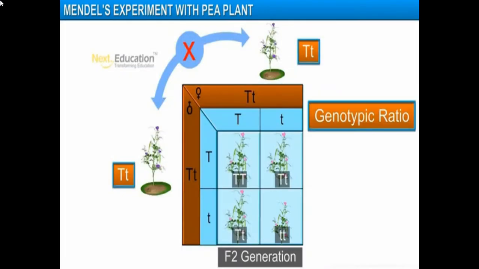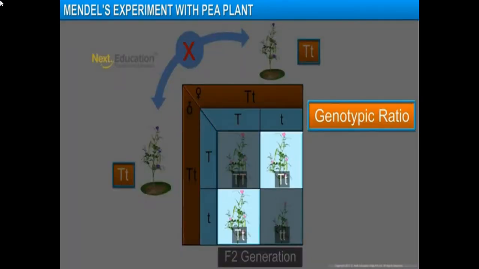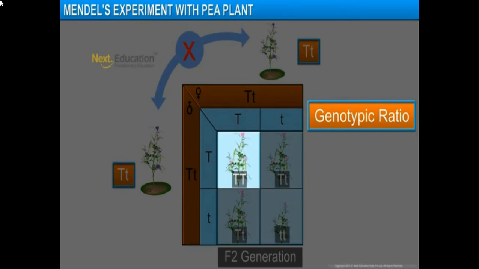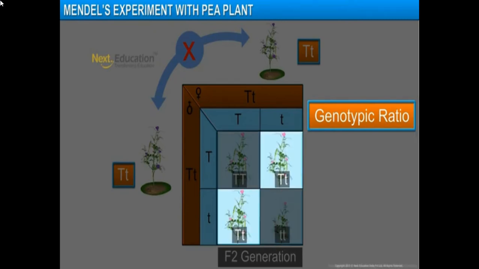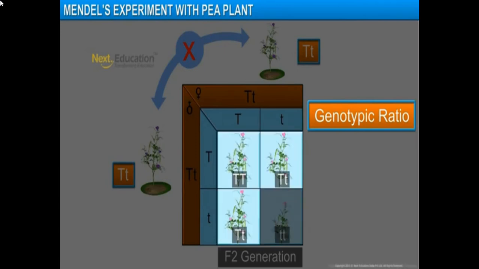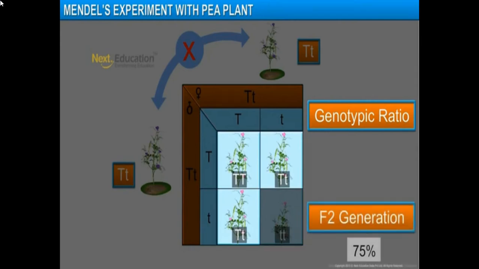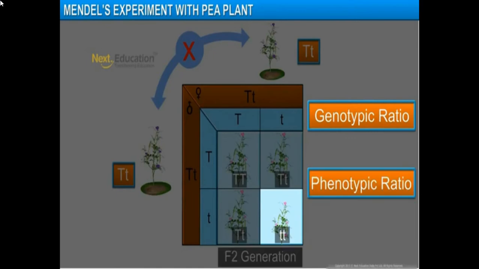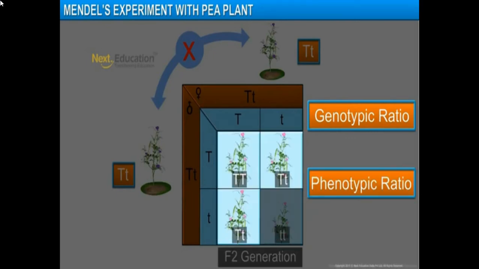This gave the genotypic ratio of 1:2:1. 1 pure tall plant, 2 hybrid tall plants, and 1 dwarf plant. Thus, 75% of the progeny produced in F2 generation were tall, and 25% were dwarf. This gave the phenotypic ratio of 3:1.